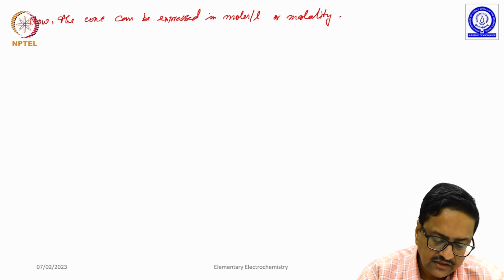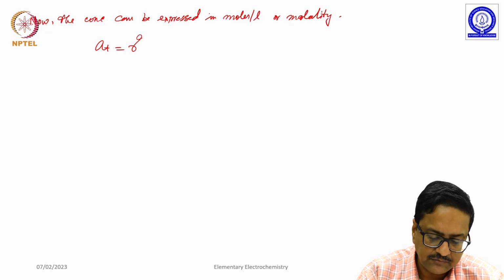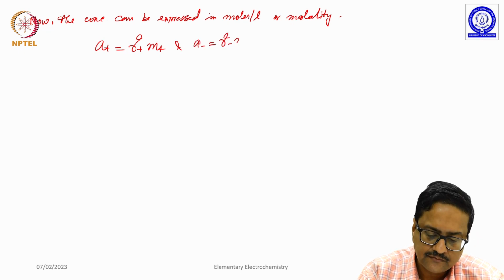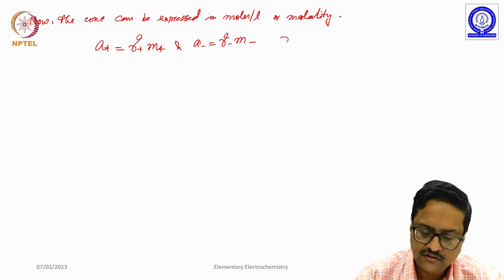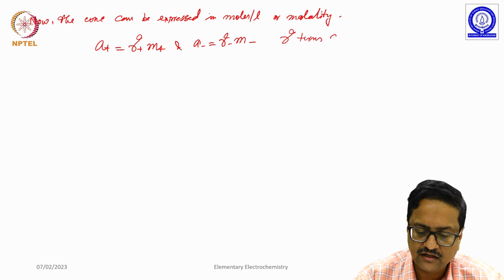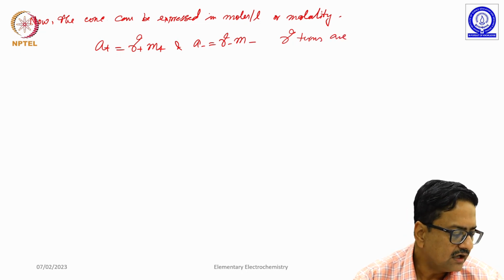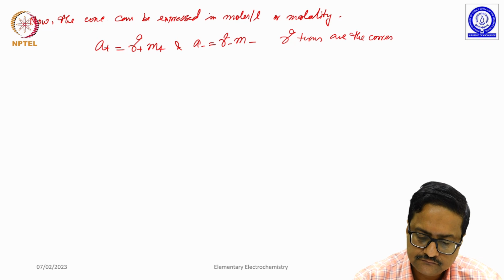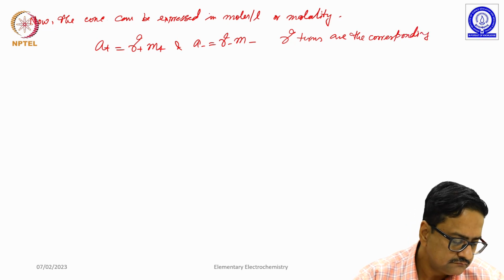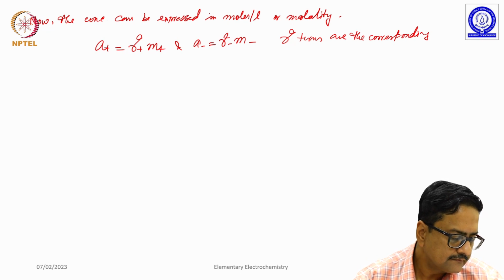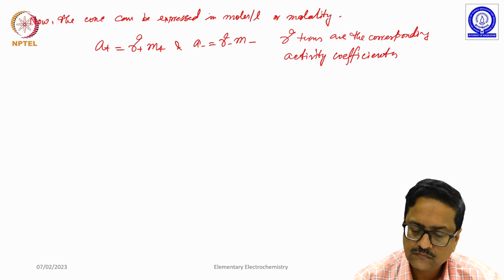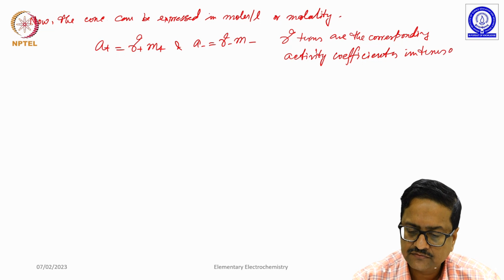So then A plus is gamma plus m plus, and A minus is equal to gamma minus m minus, where the gamma terms are the corresponding activity coefficients in terms of molality.